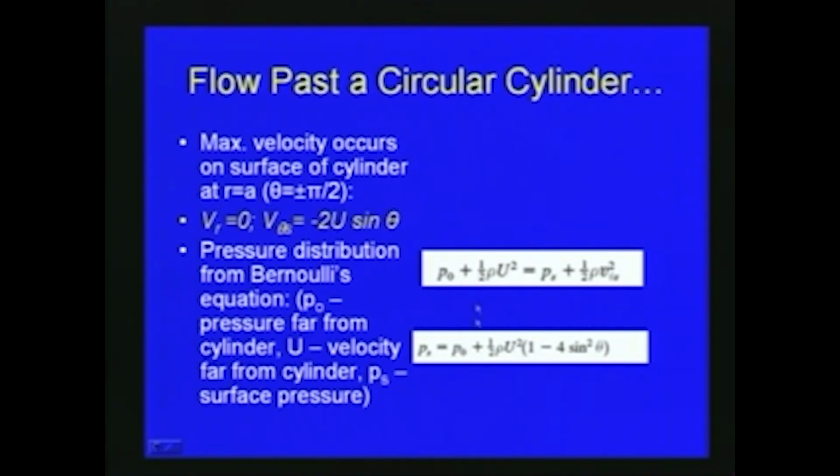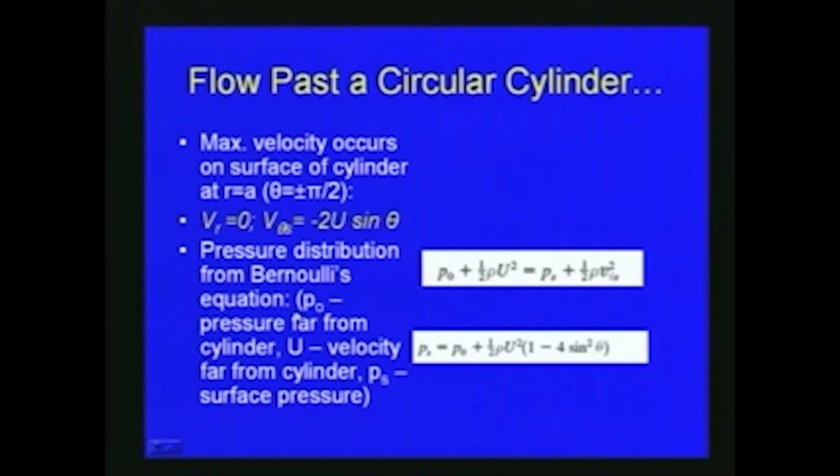So, Ps is equal to P0 plus half rho u square into (1 minus 4 sin square theta). With respect to the definition, we have already defined V theta equal to minus 2u sin theta. So, the surface pressure of this cylinder Ps is equal to P0 plus half rho u square into (1 minus 4 sin square theta).